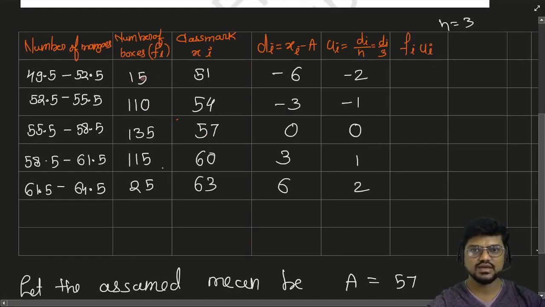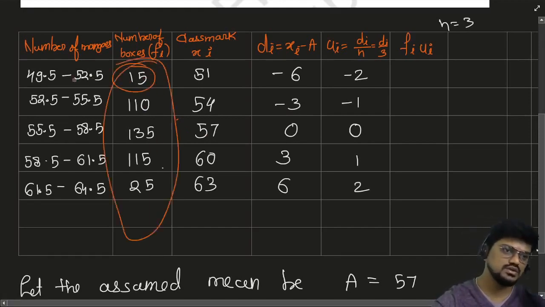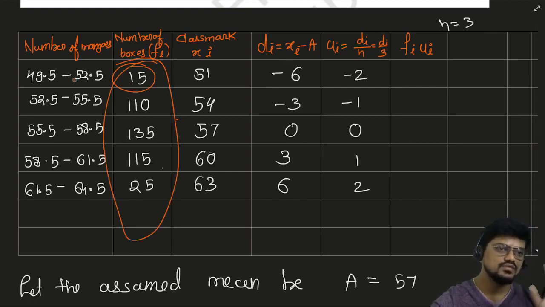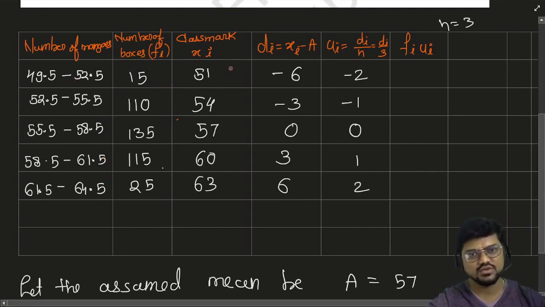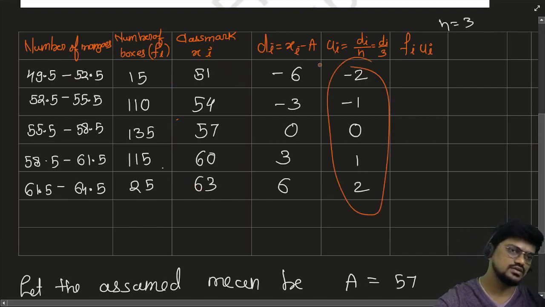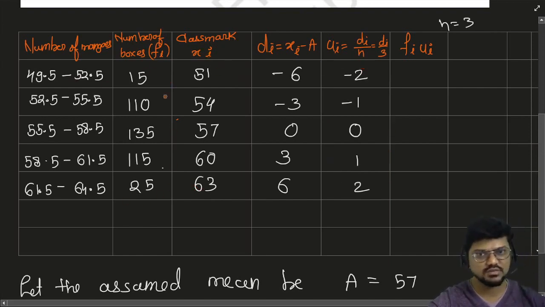Your fi is 15. If the values of xi are huge, we can do some reduction to it, and that is the reduction which we have done. If the frequencies are huge numbers, we can't do anything, we have to multiply with that number only.